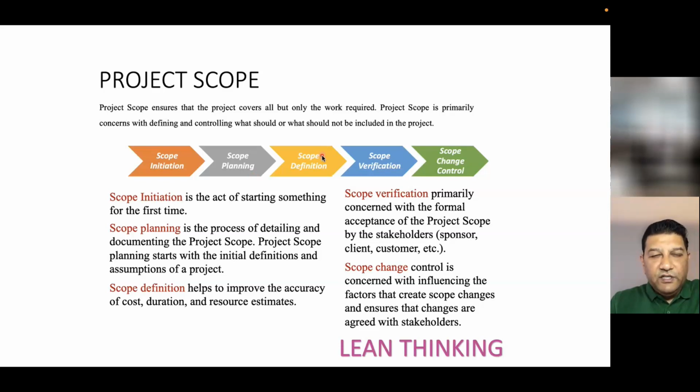Then scope definition: you are going to define each activity, and when you are defining each activity, that is where you look into what type of construction method you are going to use for the work packages and activities you need to perform for your construction.